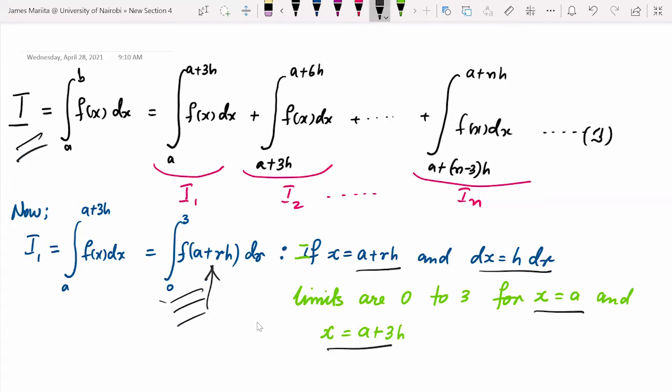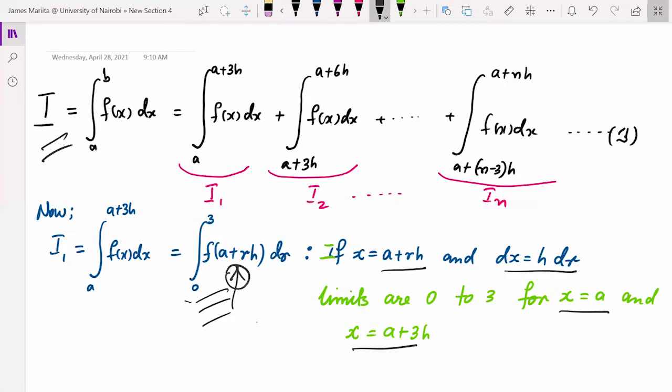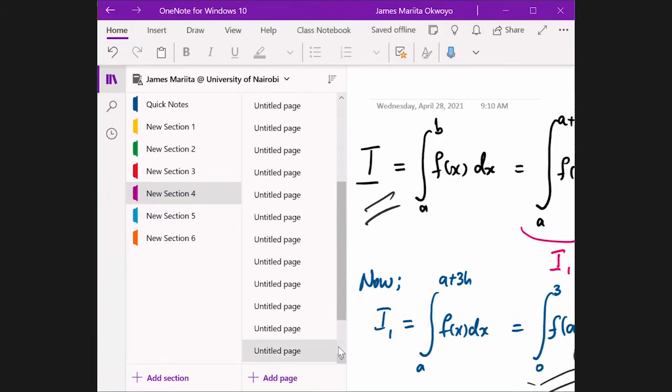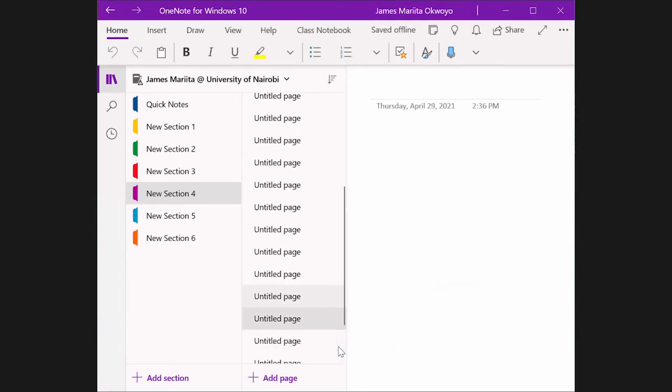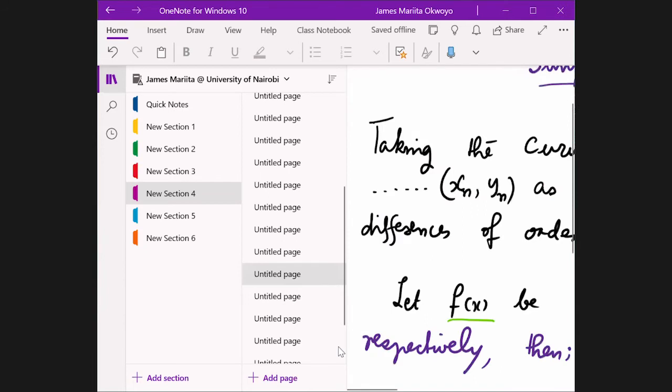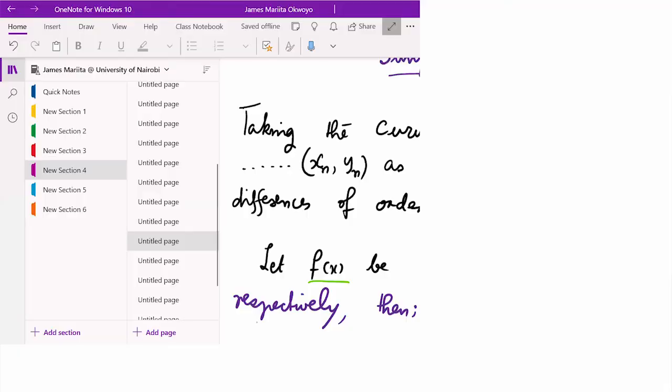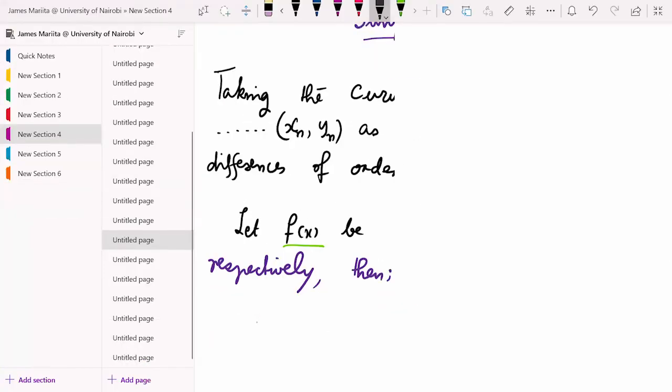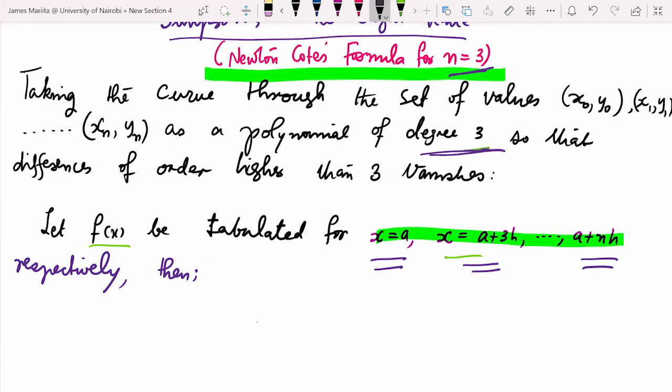Please go back to the previous one at the start of the Newton-Cotes formula for n is equal to 3. That's the starting point.